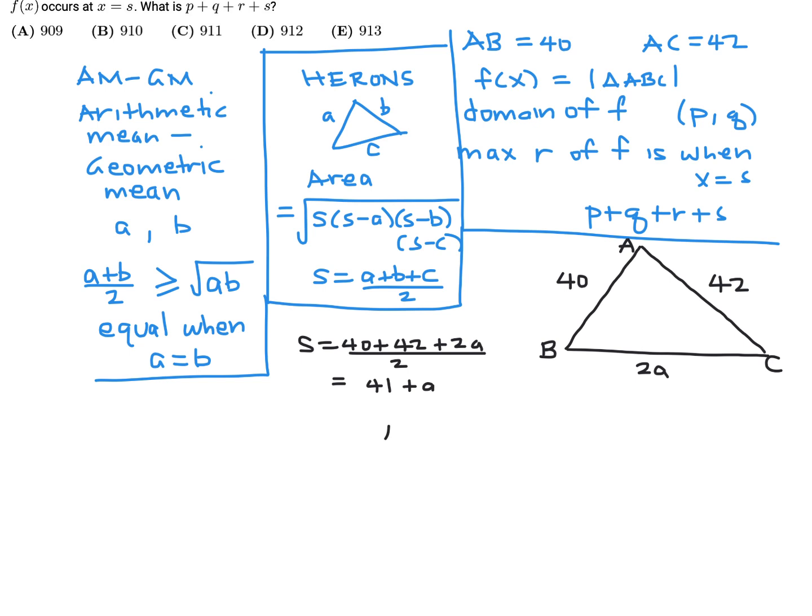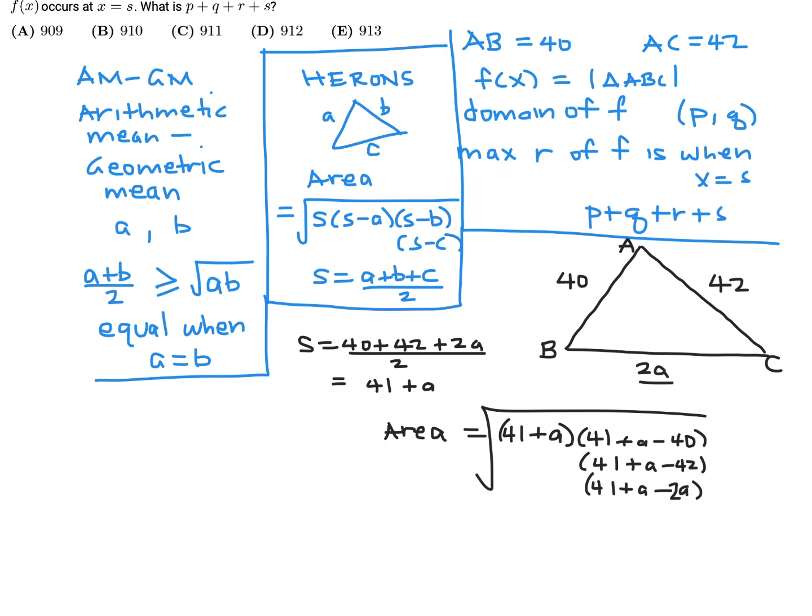And therefore the area, using Heron's, would be 41 plus A times 41 plus A minus 40 times 41 plus A minus 42 times 41 plus A minus A, if I've done that correctly. Oh, minus 2A, sorry. Minus 2A, because 2A. And then all under the square root sign.